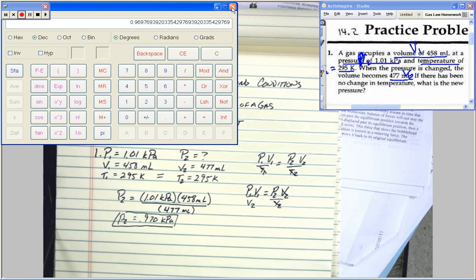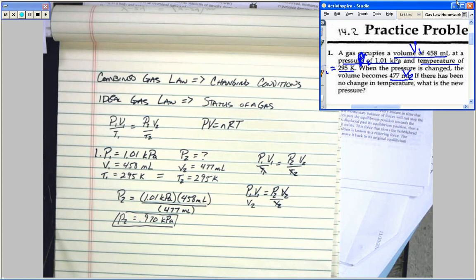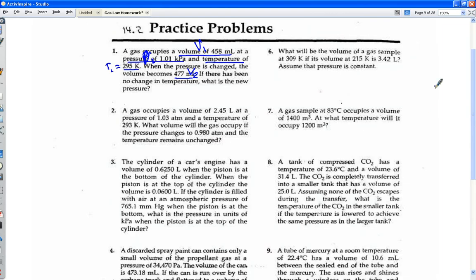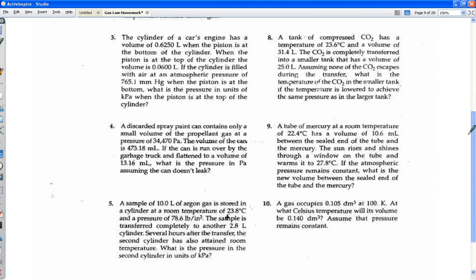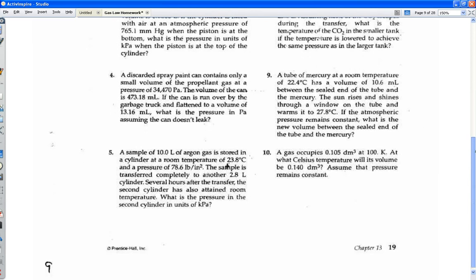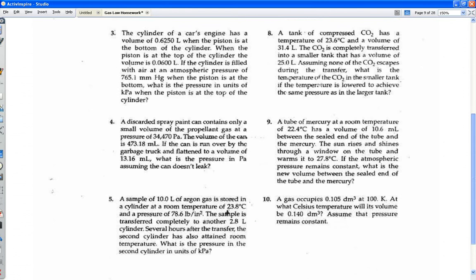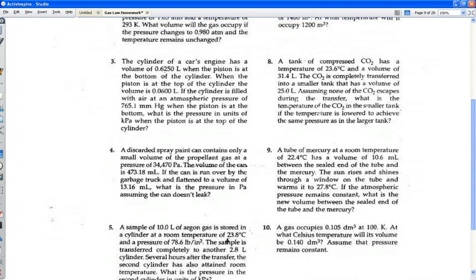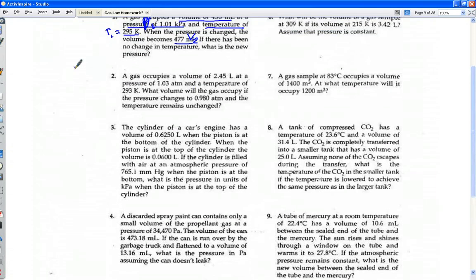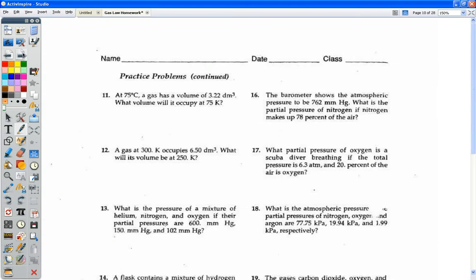Okay. So, let's look at a different one. No, all of these are PV over T's. So I want to do an ideal gas law.